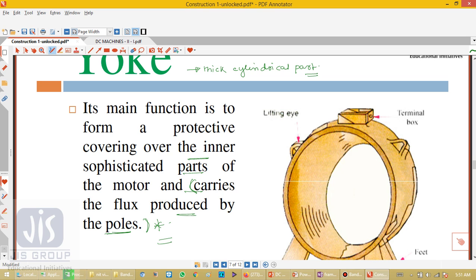So this is the main function, that it provides a low reluctance path for the magnetic flux.